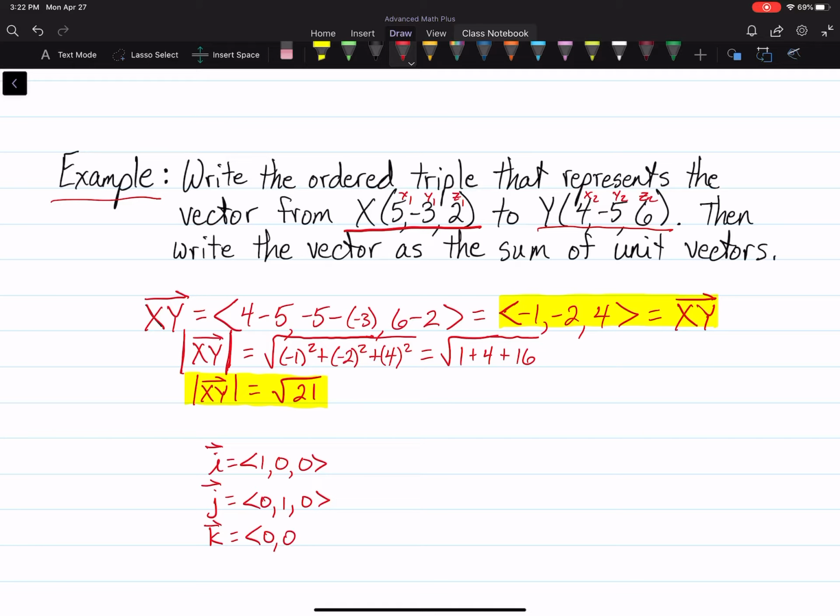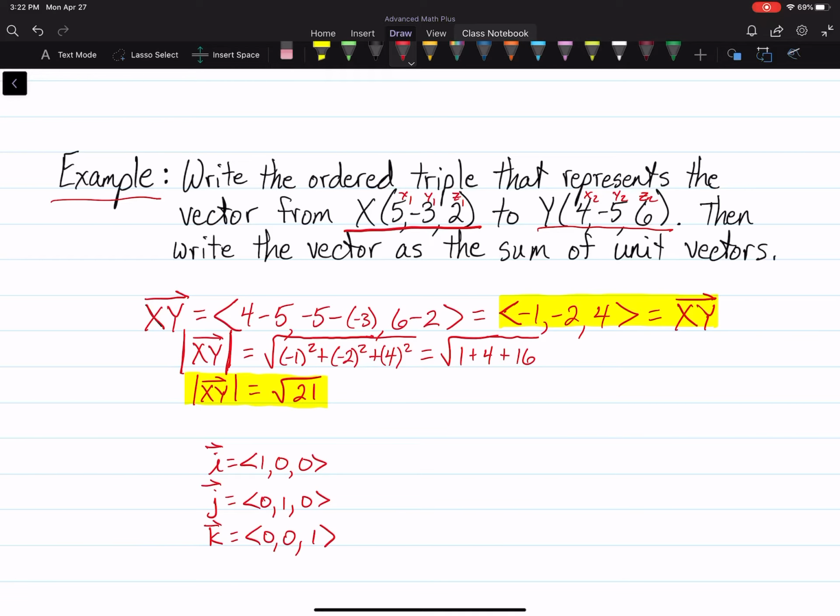It's 0, 0, 1. So understand what vector i means. You go 1 to the right and you don't go any in the y or z direction. j means you go 0 in the x direction, 1 in the y direction, 0 in the z direction. k, 0 in the x direction, 0 in the y direction, 1 in the z direction.